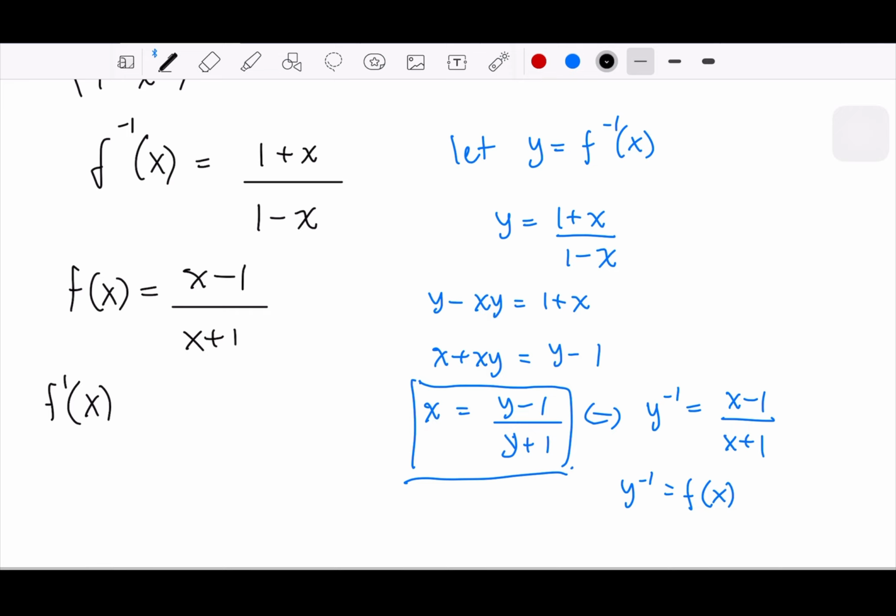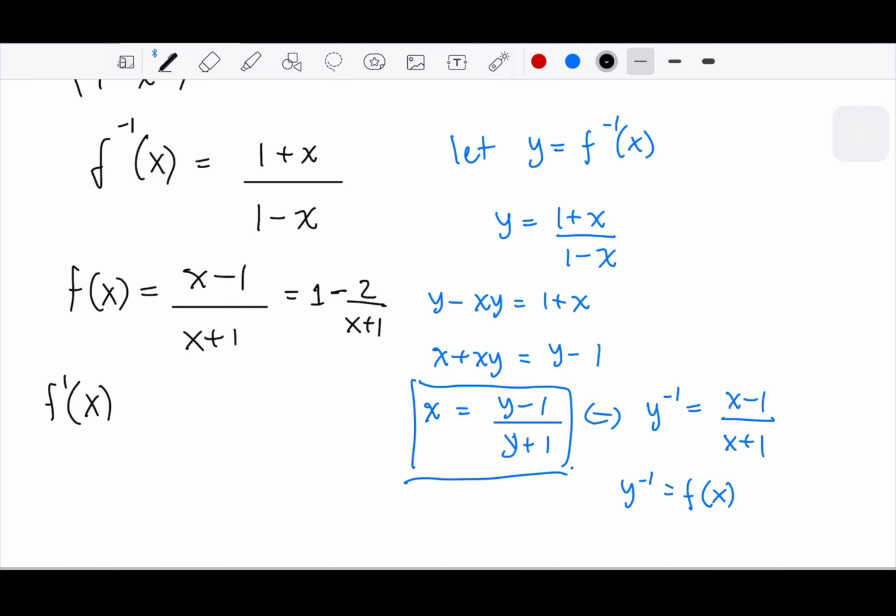However, if you want to take some time to rewrite the form, we can also rewrite the x minus 1 divided by x plus 1 and exchange this into 1 minus 2 over x plus 1. This is also similar. I think this way you can derive much more easily, to avoid this negative positive.